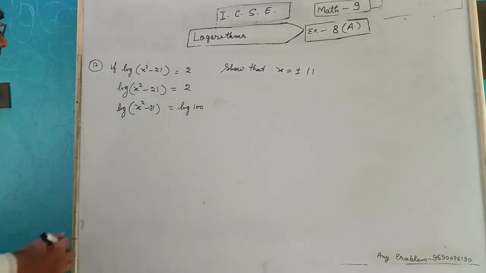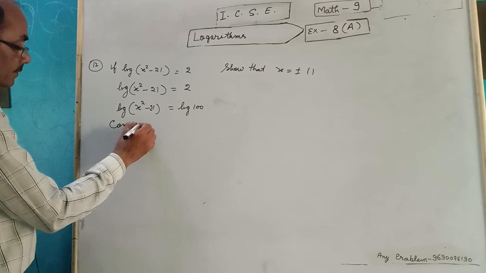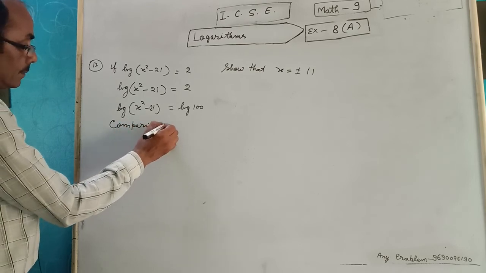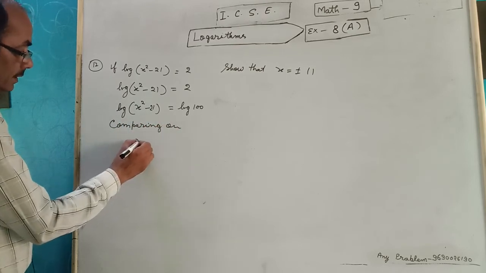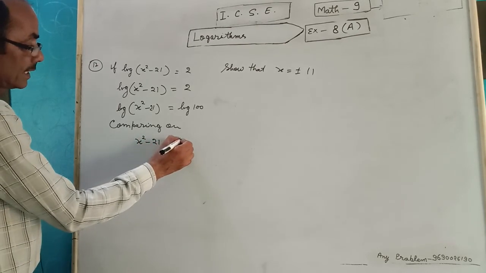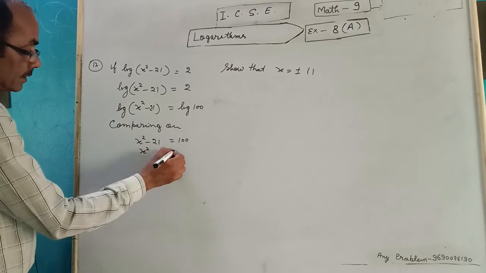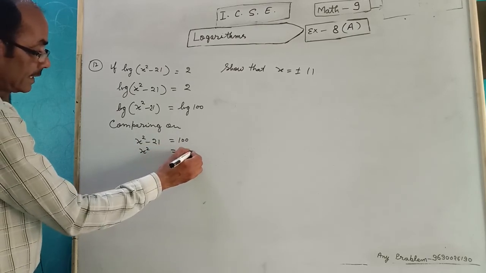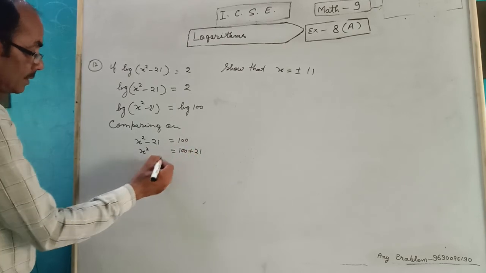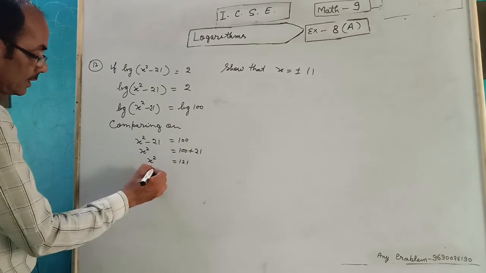Log 100. Now comparing, x square minus 21 is equal to 121. Reaching the right hand side, after minus will be plus. x square is equal to 121.